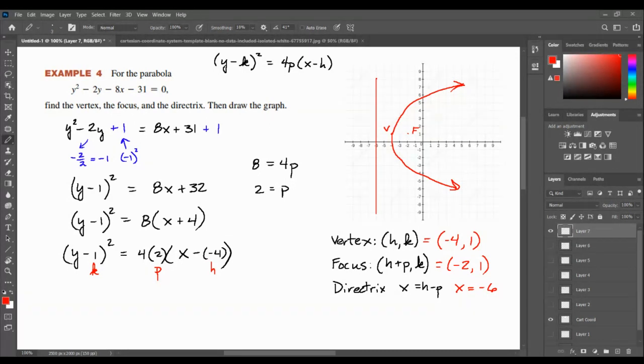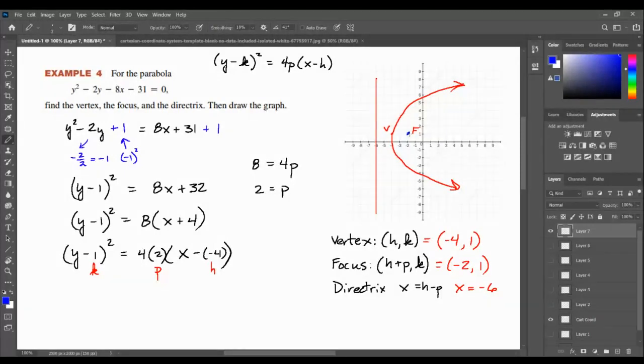The question I like to talk about now is why we care. What does the focus do for me? What does the directrix do for me? Why even solve for those? We seem to be doing fine before. Well, it turns out the focus is actually a very special point in a parabola.